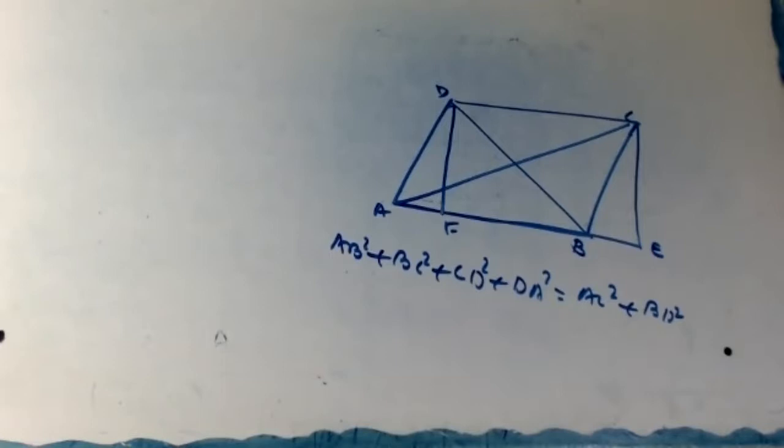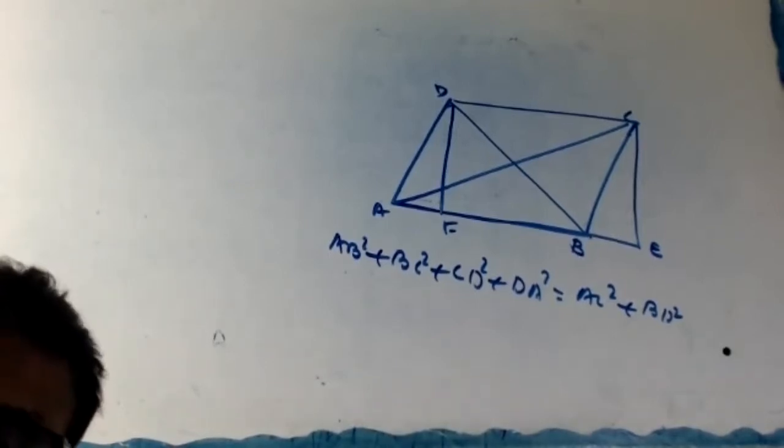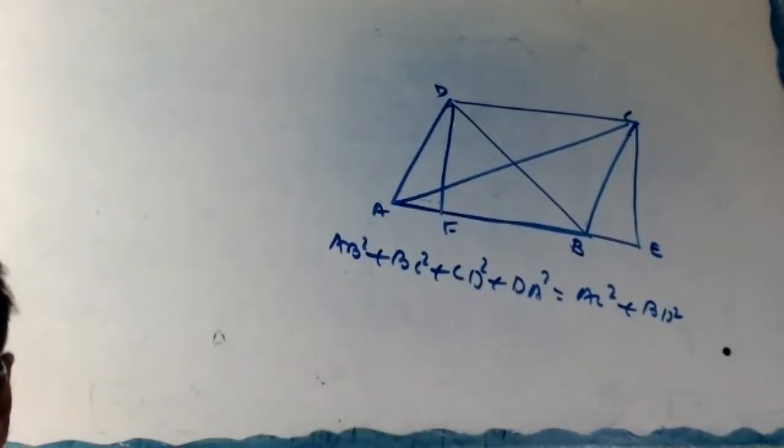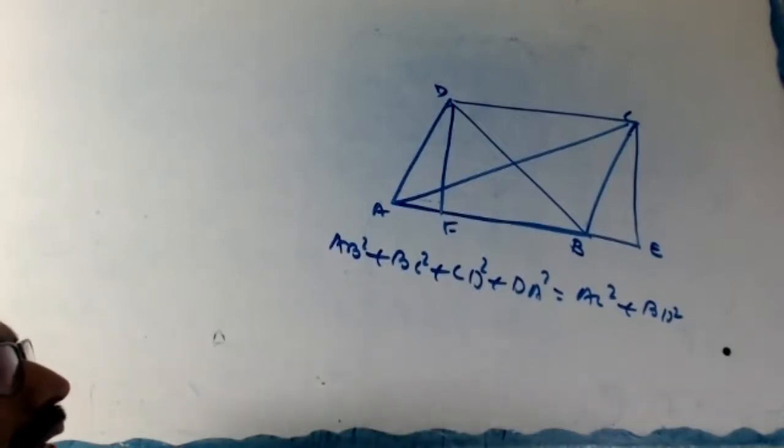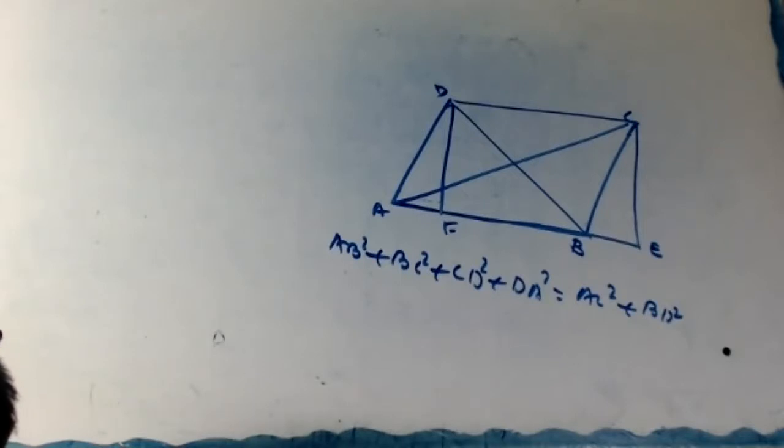Okay. In triangle AFD, what do you call AD? Any special name? What is that? Hypotenuse, correct or no? In triangle BEC, BC is also the hypotenuse.